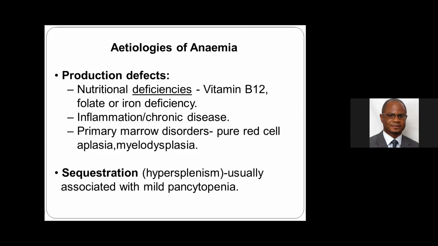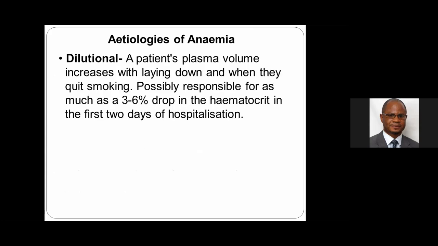If the activity continues and is extended to even normal red cells, then that is going to affect the red cell numbers. And of course, we will see anemia. And this anemia is with mild pancytopenia, meaning the other cell lines number also reduces a little bit.